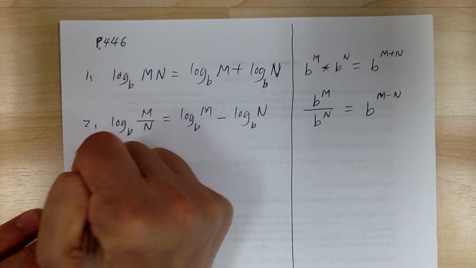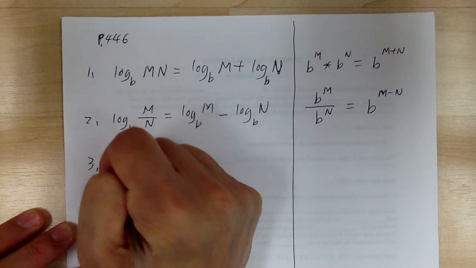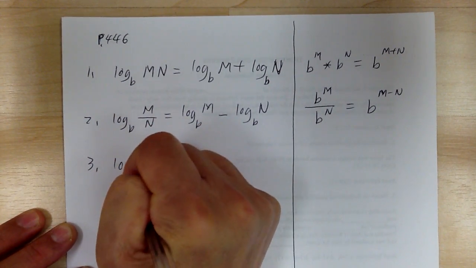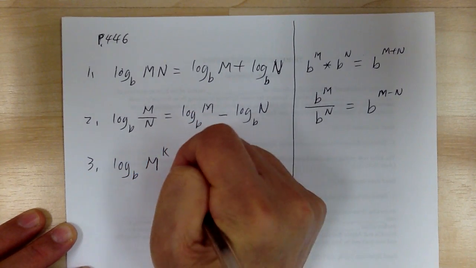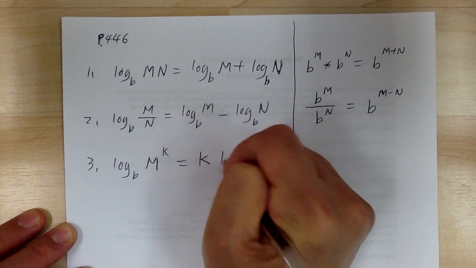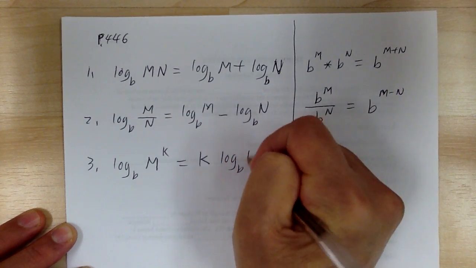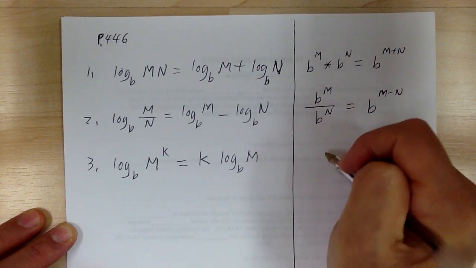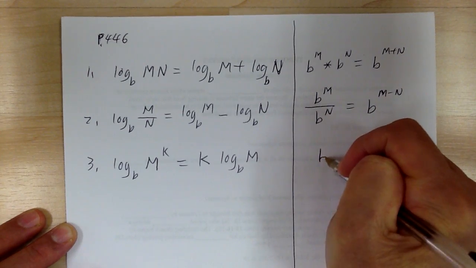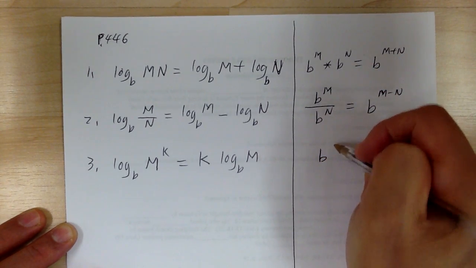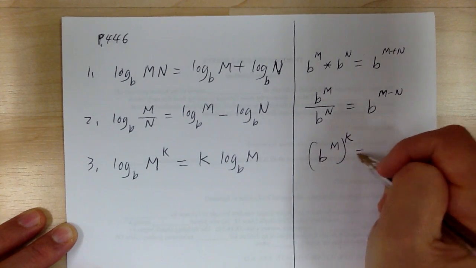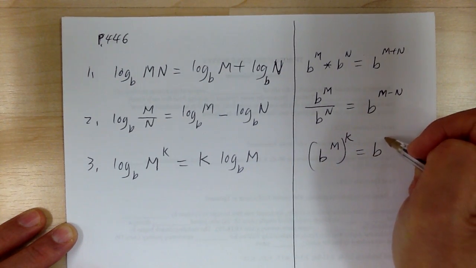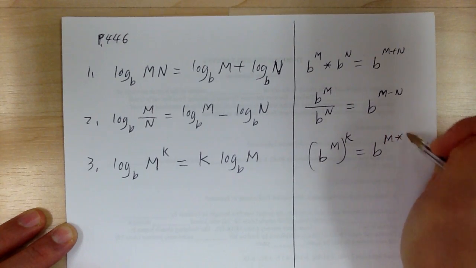Now you go to 3. When you have log base b of m to the k, this will equal k times log of m. This is the same thing as if you have b to the m to the k, this is equal to b to the m times k, right?